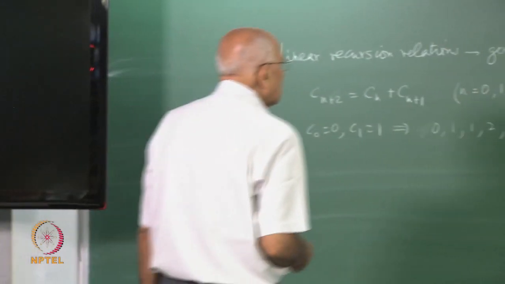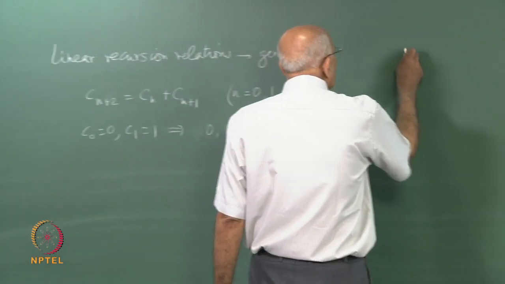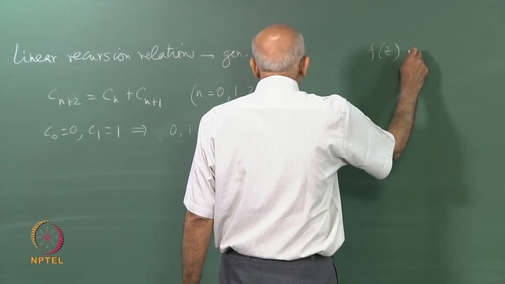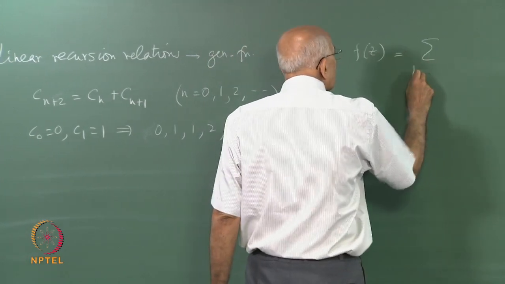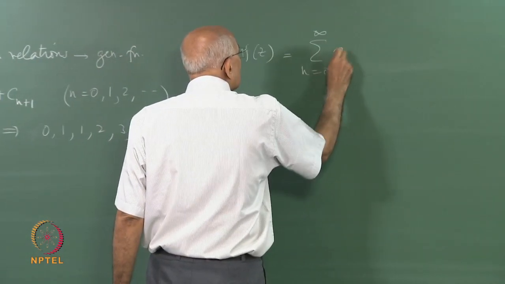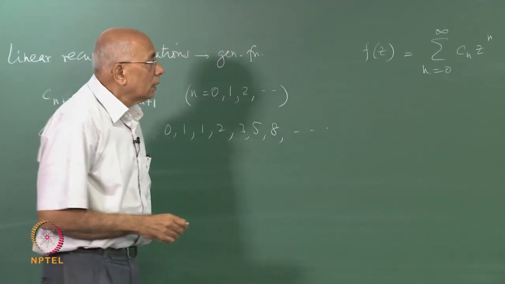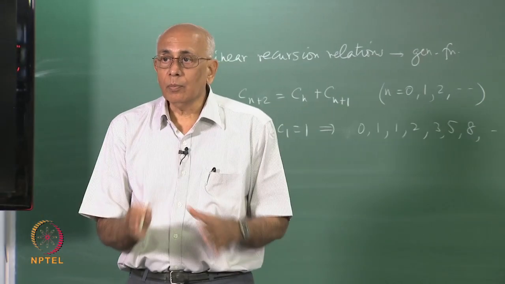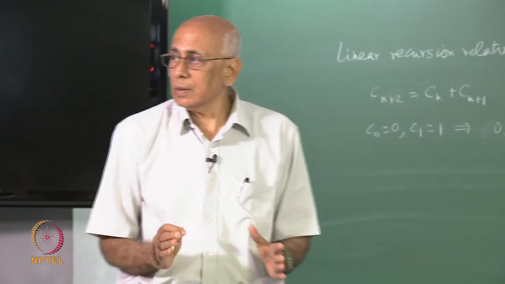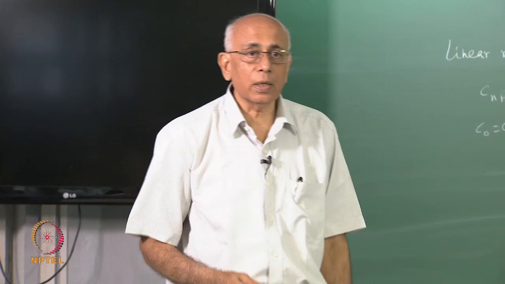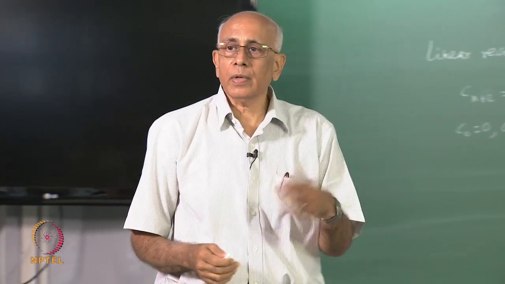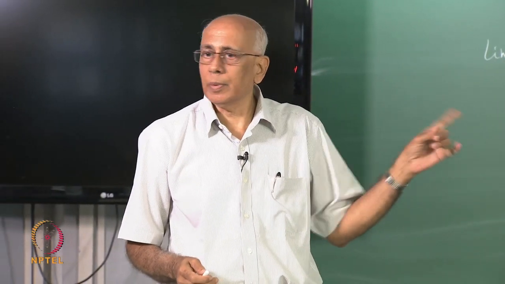So the way to do this is to define the generating function. So define f of z equal to summation n equal to 0 to infinity Cn z to the power n, which will converge in some region about the origin, some circle about the origin. We still have to determine this, and this radius of convergence is going to be determined by the properties of this Cn.